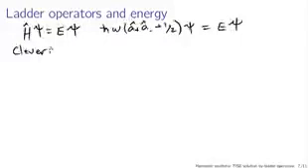What if I consider h hat times a plus psi? What happens to the wave function if I allow a plus to act on it before I allow the Hamiltonian to act on it?